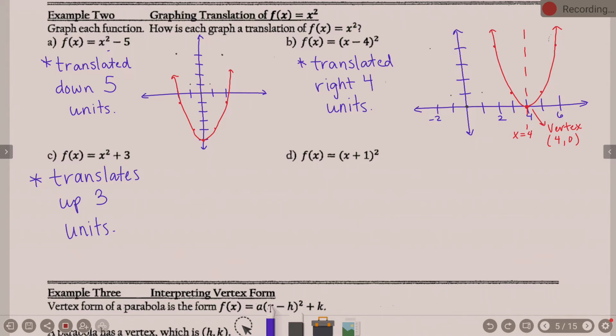Draw your graph. I'm going to keep my x-axis low since I'm just going up this time. I always need to be able to go left 2 and right 2. Normally I need to be able to go up 4. I'm going to go 3 more than that, right?